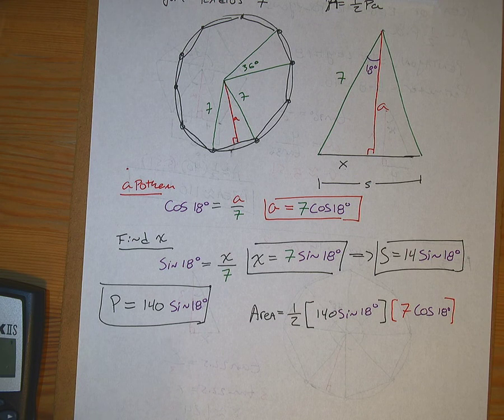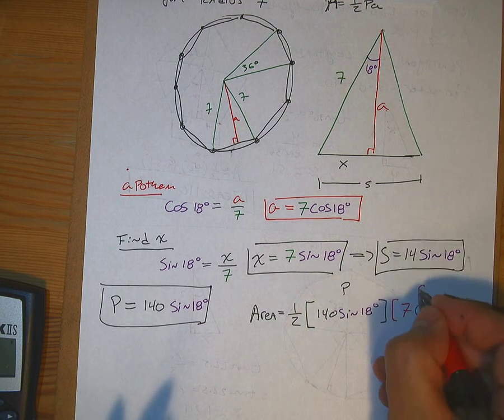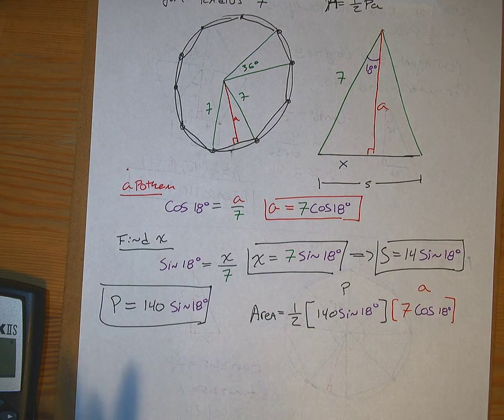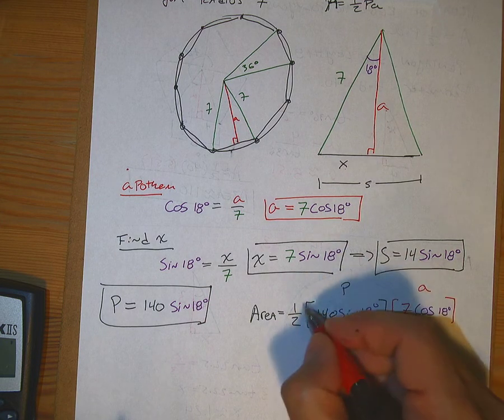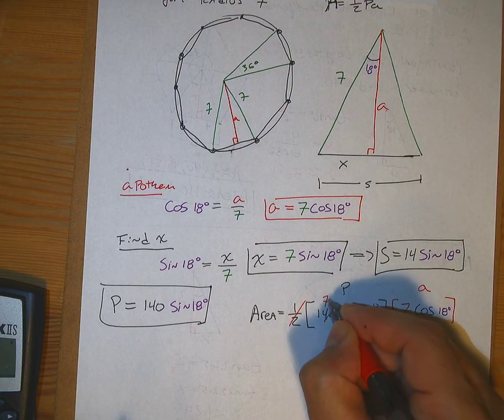Okay, so this was my perimeter, of course, and this was A. And now I can go ahead and do a little bit of canceling here. The 1/2 will cancel out with the 140, making this 70.